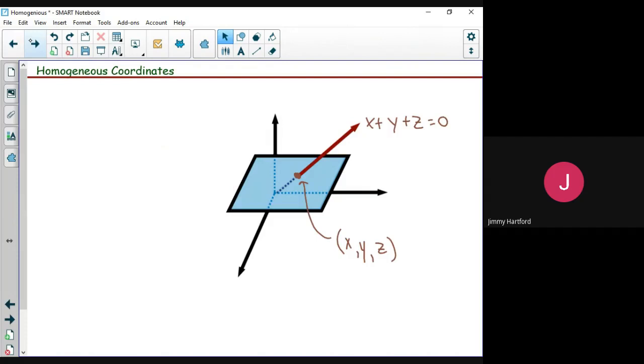What these 3 numbers are representing is actually a point in 3-dimensional space. So if I have a point in the projective plane, that actually represents a line passing through the origin in 3-dimensional space. And our coordinates actually represent all the points along this line, because remember, we were allowed to scale them up and down.